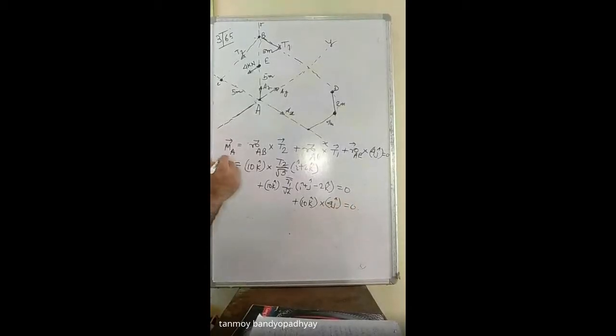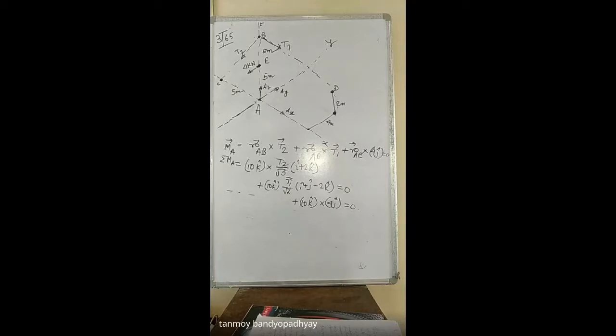So now if I do a moment balance, I will be getting the answers. But in the problem, just one thing: in the last part of the problem they have asked whether this can be accomplished using only one equation of equilibrium.